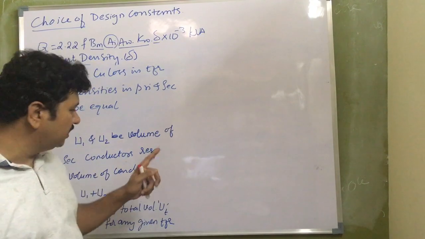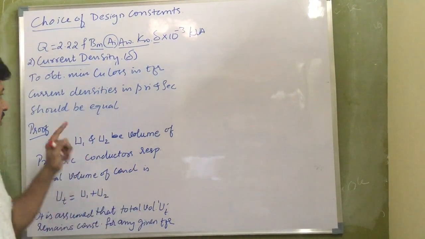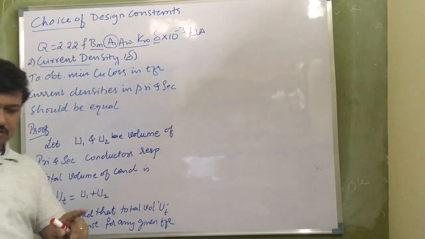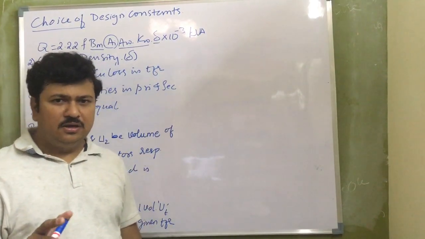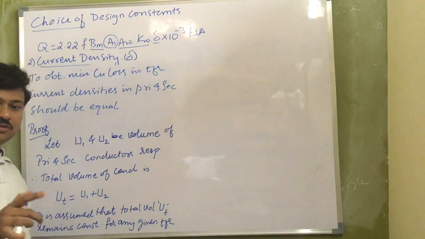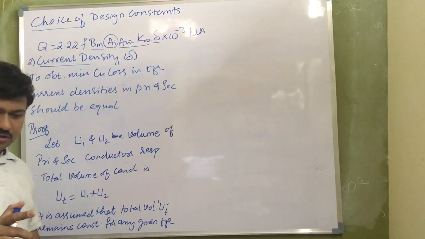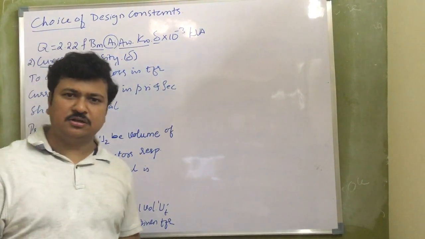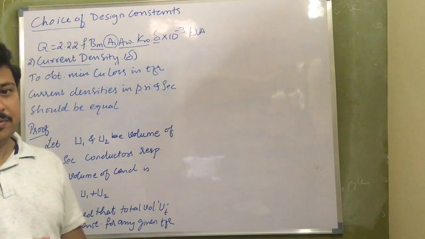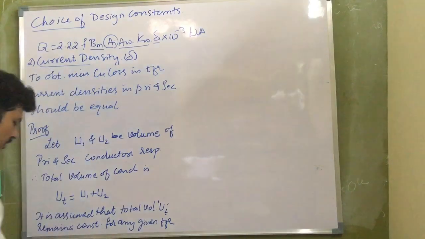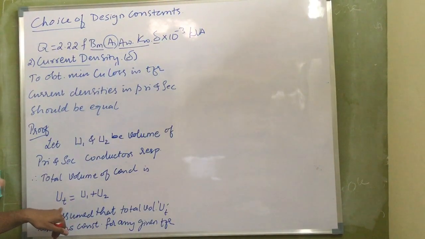The area of copper is a function of current, because A equals I by delta. With the choice of delta, my area of copper is a function of current. So as my product of voltage and current remains constant, my product of length and area of copper remains constant. That means the total volume of the copper remains constant.